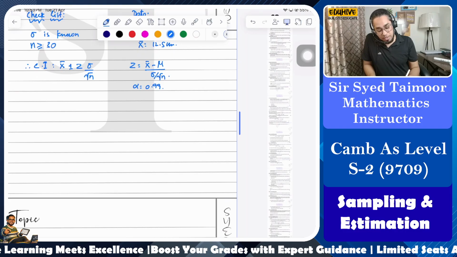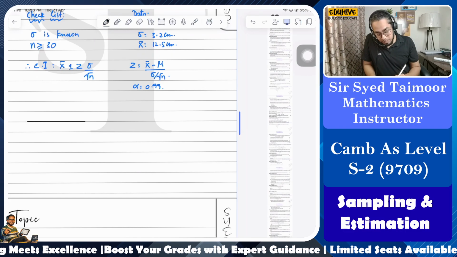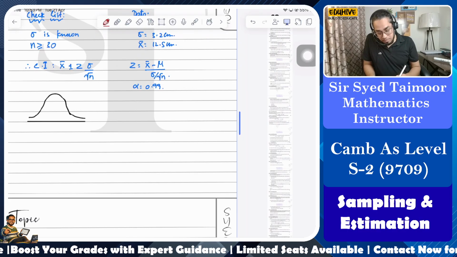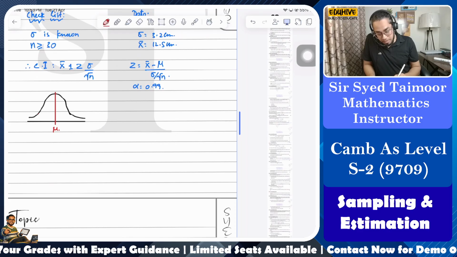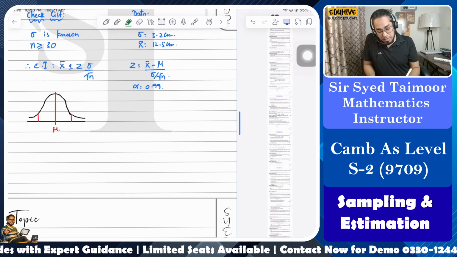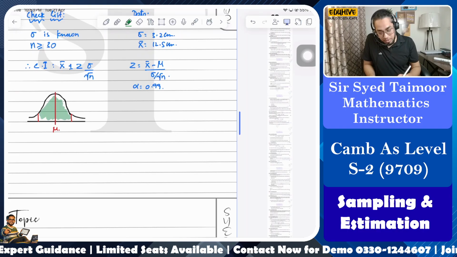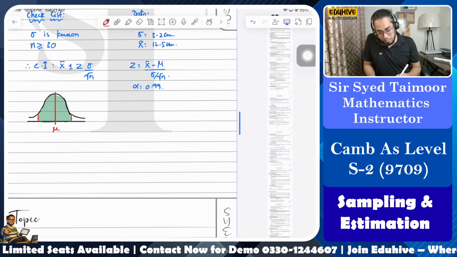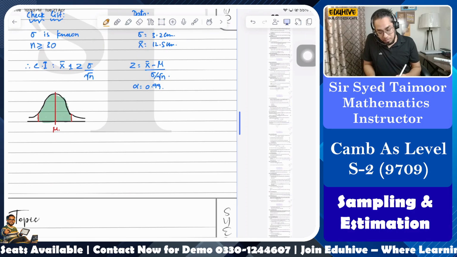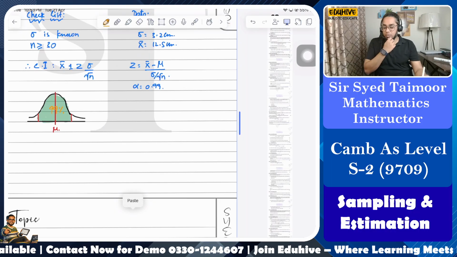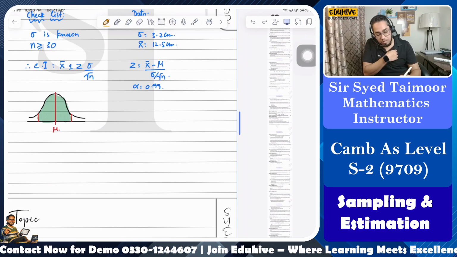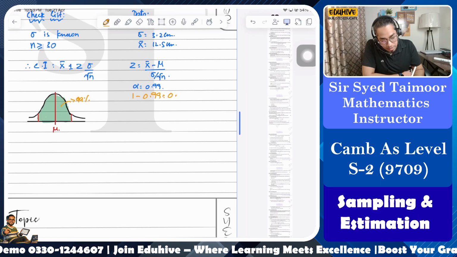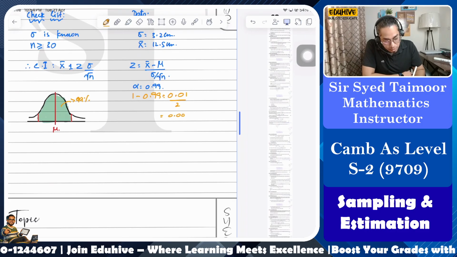And what exactly is the meaning of this confidence interval? The mean is over here, and this area is exactly the portion of the confidence interval, which is 99%. 1 minus 0.99 is exactly 0.01, and when I divide it by 2 it becomes 0.005, isn't it?